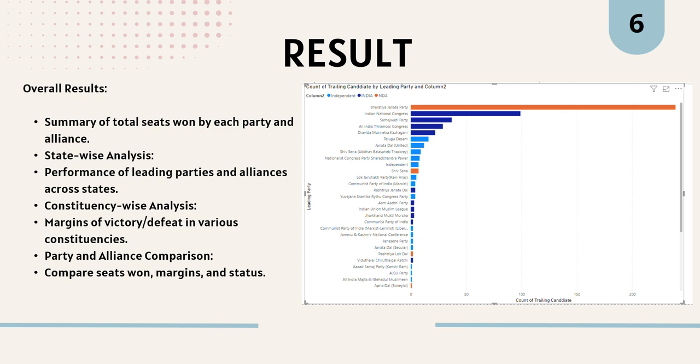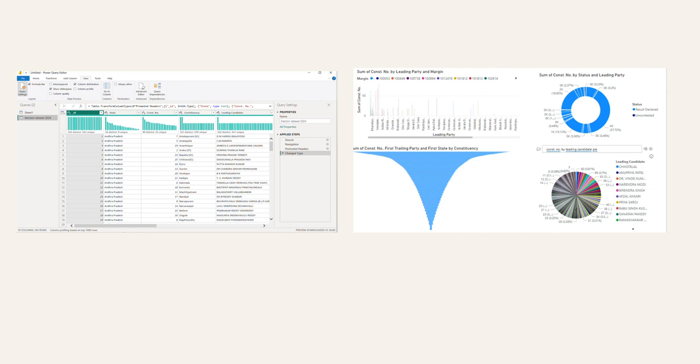First of all, we are going to get the result for the summary of total seats won by each party and alliance. So this is the result. And the second one is state-wise analysis, the performance of leading parties and all. We are going to make each graph, and we are going to visualize this using graphs.